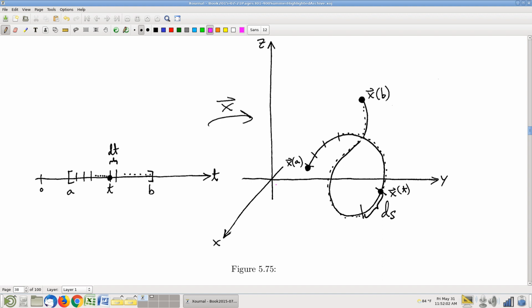Let's think about how this piece relates to this piece. I'm going to need to know the length of that little piece. And specifically, by what factor is this ds, the size of my new piece of domain over here, different from the size of this piece of domain over here?